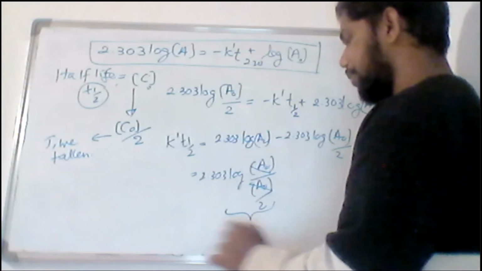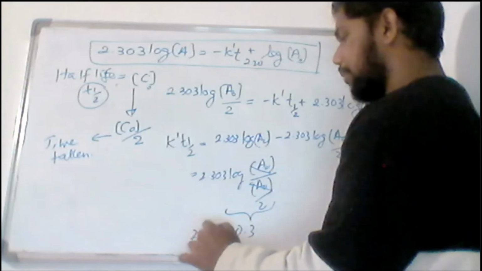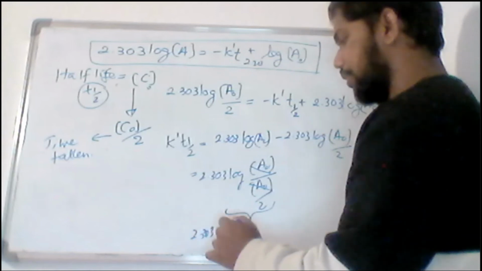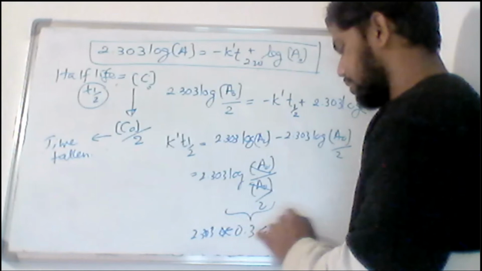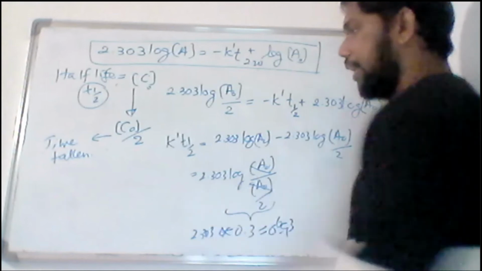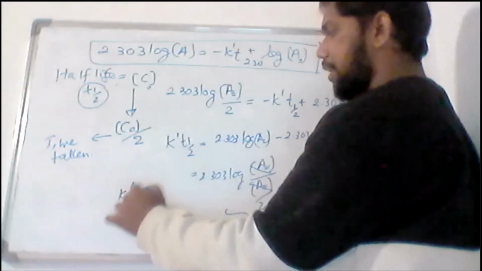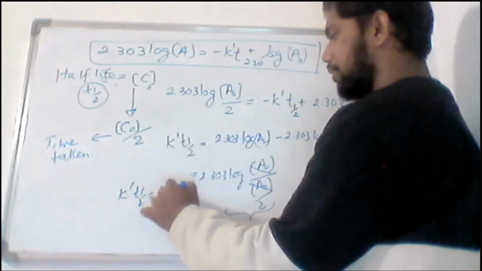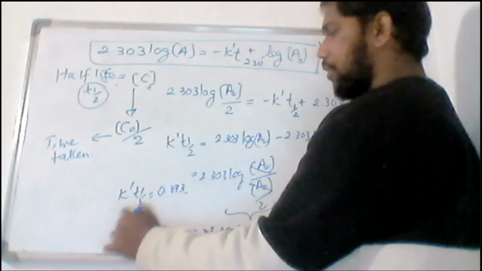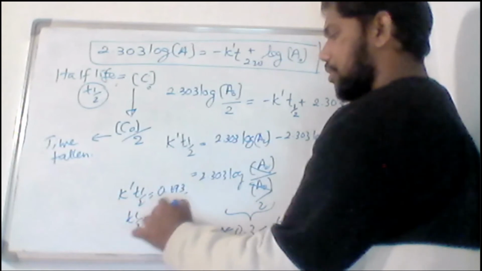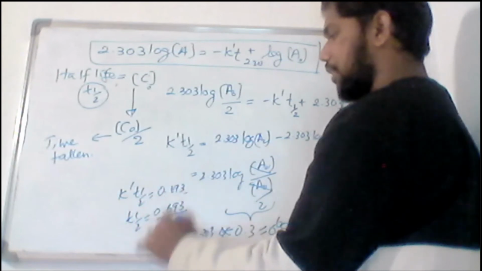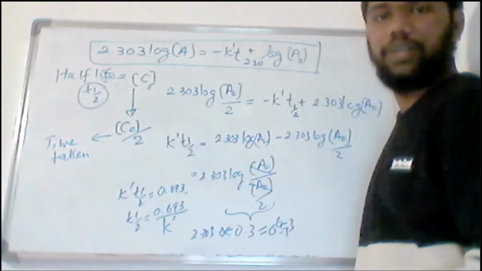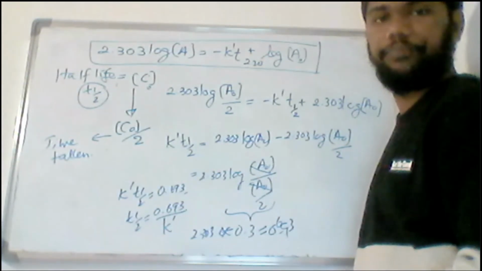Log 2 is 0.3, and when you multiply 0.3 by 2.3, it will be 0.693. So k dash T half becomes 0.693, and T half becomes 0.693 over k dash. This is what they are expecting from you.